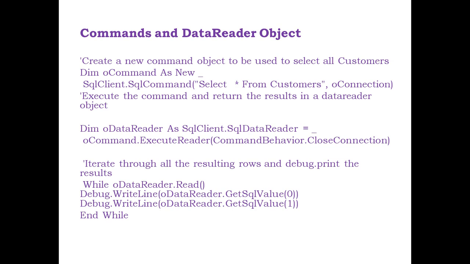Simply, the structured query language is used: select asterisk from customer means select all the rows and columns of information about this customer. That is a special reader, the data reader.